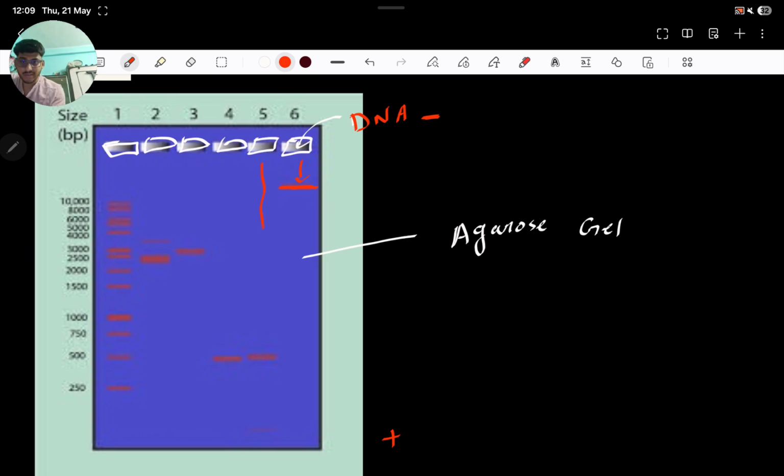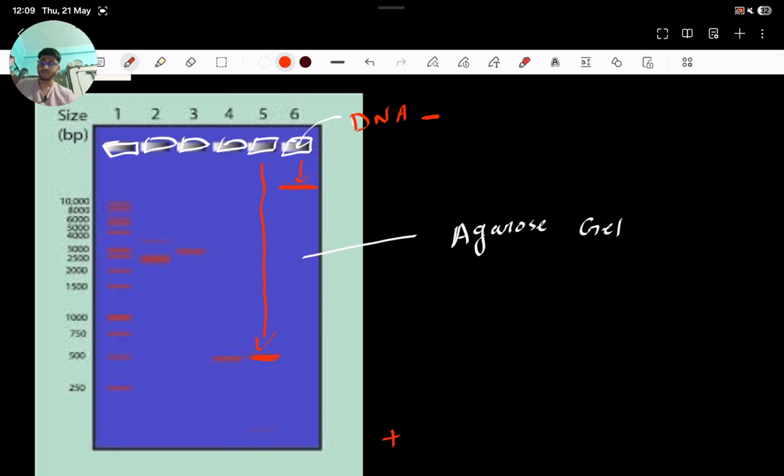Now, if it is 500 only, so 10,000 and 500, there is a huge difference. The band will go over here. Why? The molecules are less and small in size. It will run much faster. Okay. So this is the logic, or this is the principle by which gel electrophoresis occurs.